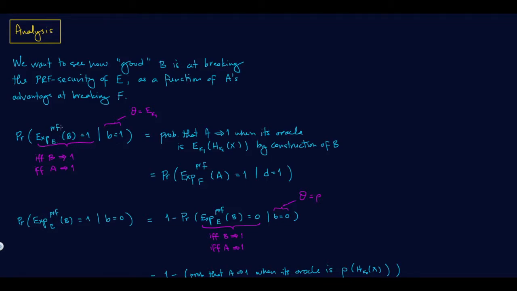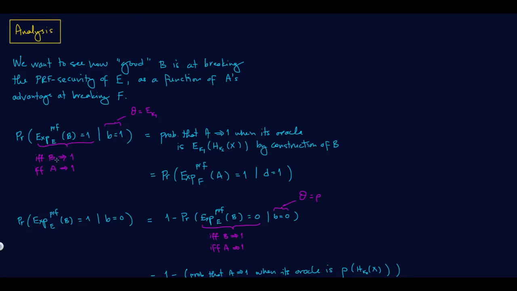when the bit in this PRF experiment is 1, that means that B's oracle is E sub k1. And we've already argued that in that case, B perfectly simulates the construction F. This event here, that the experiment outputs 1, happens by construction of B if and only if B outputs 1, right? The experiment outputs 1 when B guesses the bit, which means B outputs 1, because that's the bit.